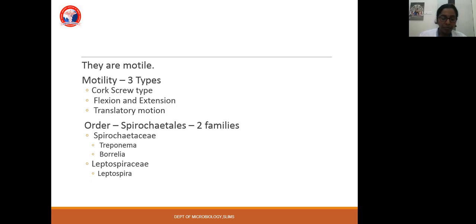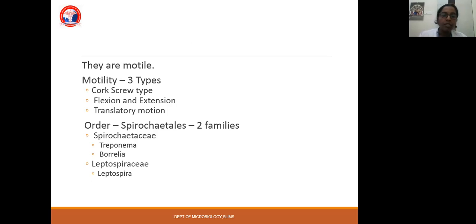They are motile and they are of three types. So what are the types of motility shown by the spirochetes? They show corkscrew type of motility, flexion and extension, and translatory motion.